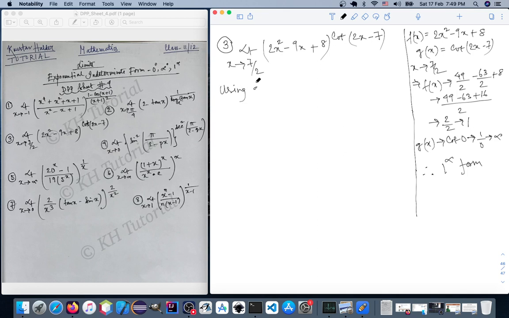using direct formula of 1 to the power infinity.